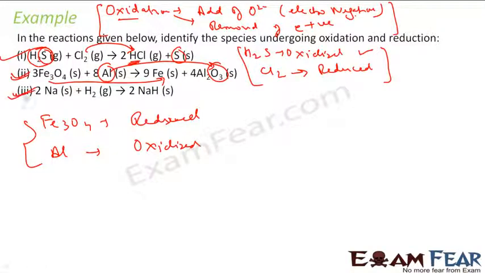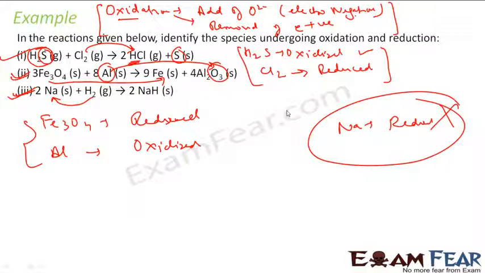Let's take this. This is critical. Na plus H2 becomes NaH. So with the current definition, it looks like to sodium we add hydrogen, and hydrogen is what? Electropositive element. So addition of electropositive element is what? Reduction. So with the current definition, it looks like sodium is reduced. But that is not the case.